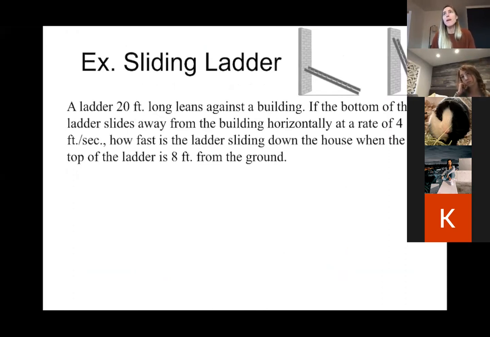If you imagine a ladder leaning against a wall, and you're standing on the ground and pushing the base of the ladder towards the wall, the top of the ladder would end up sliding up the wall. Or if you pull the base of the ladder out away from the wall, then the top of the ladder would end up sliding down the wall.